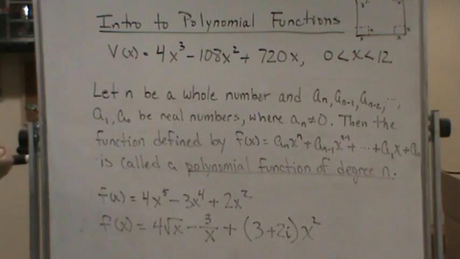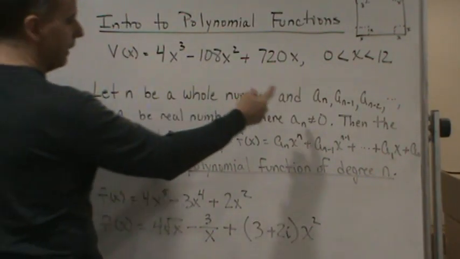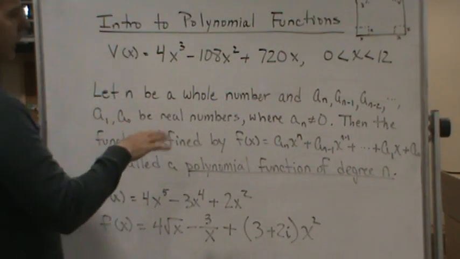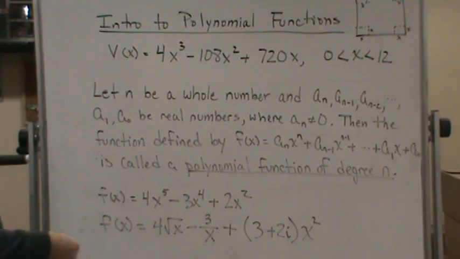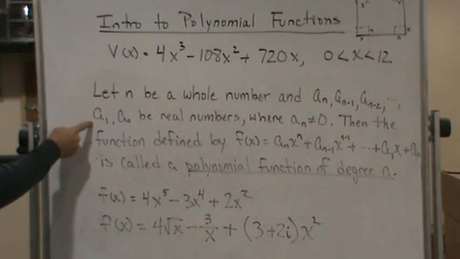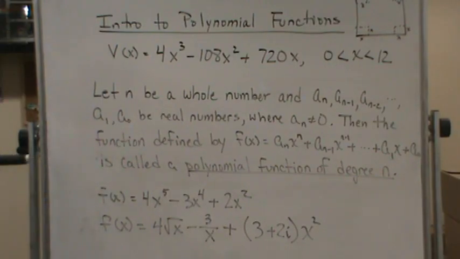It says let n be a whole number and let a sub n, a sub n minus 1, a sub n minus 2, and so on, all the way down to a sub 1 and a sub 0 be real numbers, where a sub n is not equal to 0.